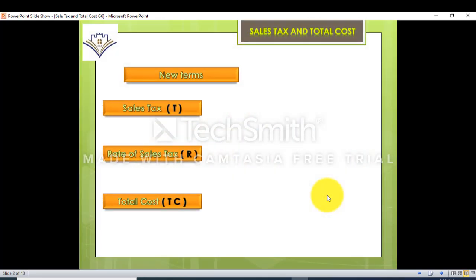At first we have three new terms. The first is sales tax, denoted by T, the rate of sales tax, denoted by R, and total cost, denoted by TC. Sales tax is the amount of tax added to the price of an item by state or local government.